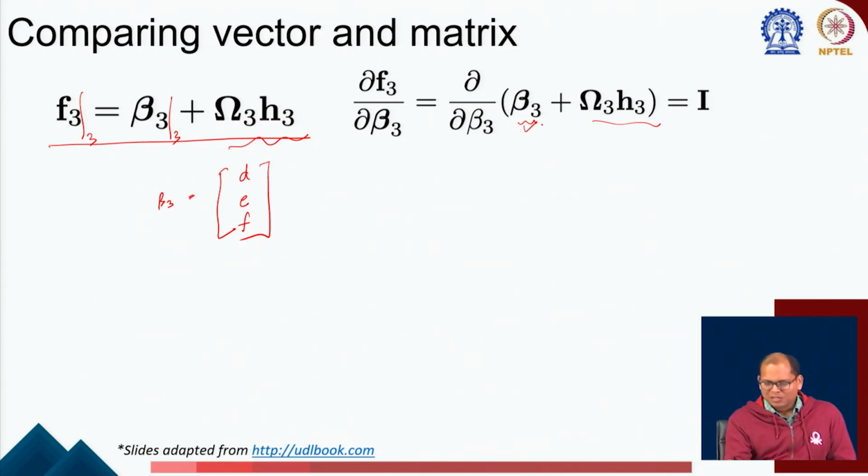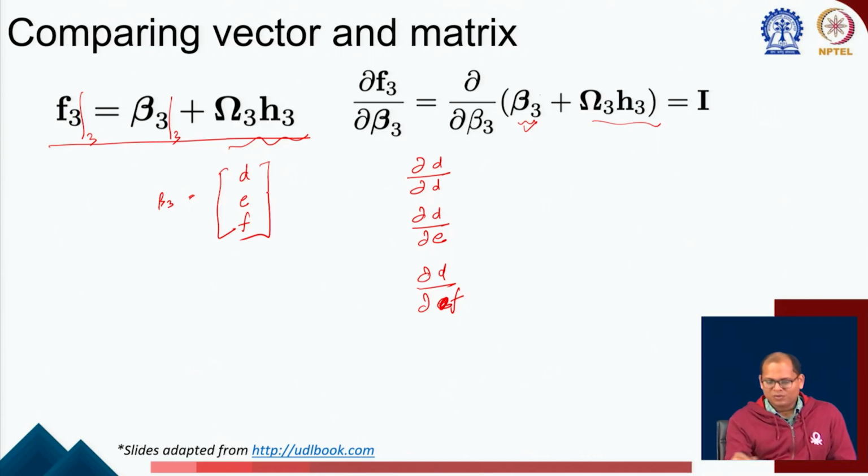So, when I take the derivative of beta 3 with respect to beta 3, I will get the derivative of d with respect to d, and I will first use this denominator layout. So, dou of d over dou of d, dou of d over dou of e, dou of d over dou of f.